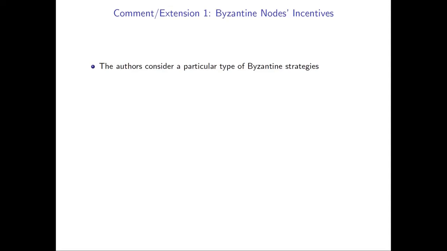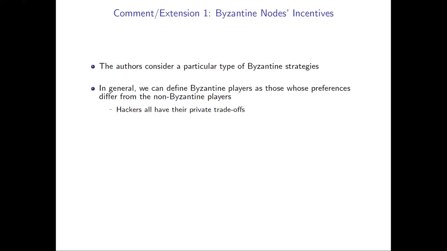So first, the authors consider a particular type of Byzantine strategies. I think that's a very relevant type. And what I want to emphasize is that some of these Byzantine nodes also have their own incentives, right? As I mentioned at the very beginning, in this original Byzantine generals problem, the seventh general who wants to screw up everyone certainly has his own calculations.